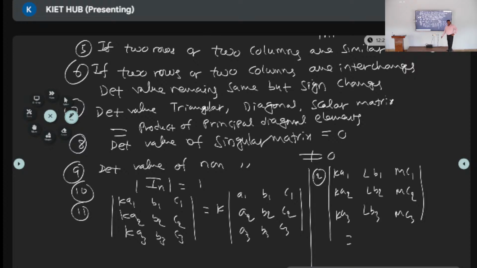Now what is the determinant of this? K into L into M. Yes or no? The entire determinant is multiplied by K, L, M into A1, B1, C1, A2, B2, C2, A3, B3, C3.